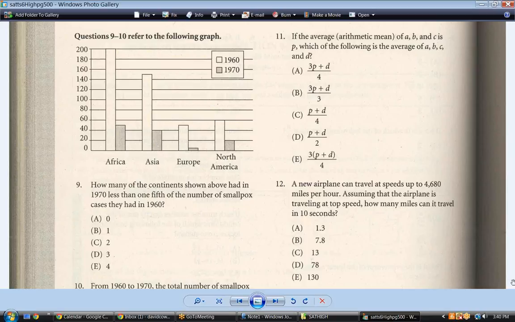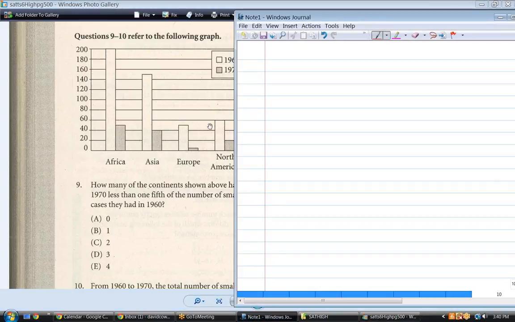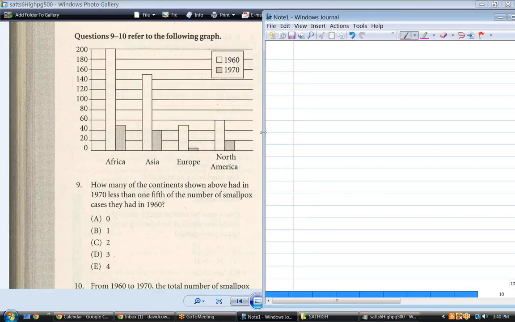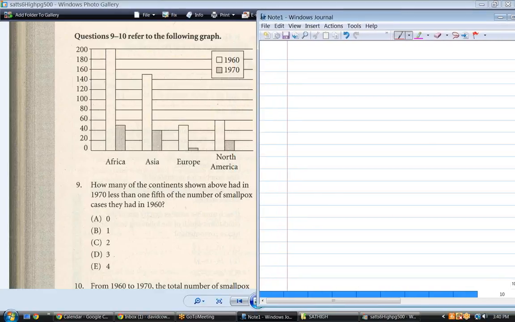Africa? I think you just have to do the math on each one of these. Does Africa? It doesn't look like it.